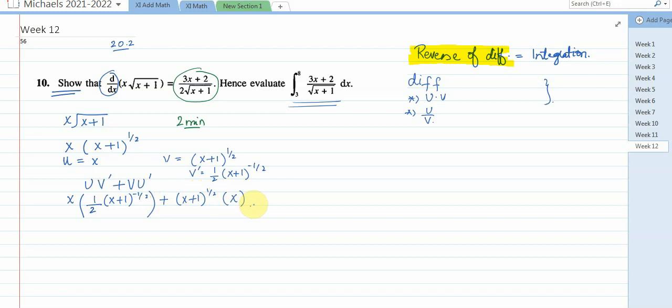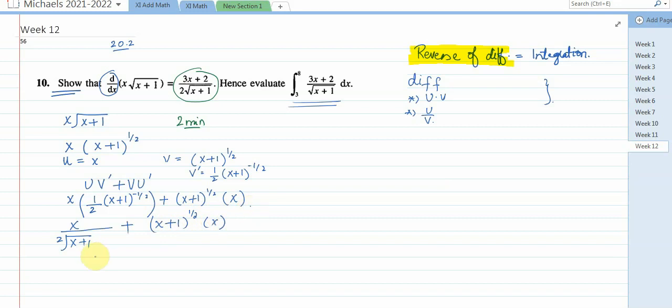We have substituted the values in u into v, and after that it's a negative power, so we can shift the negative power into the denominator, and it will change its sign, so that will be x plus 1, plus x plus 1 with the power 1 upon 2 times the derivative of u.